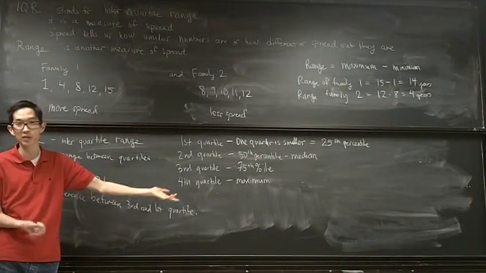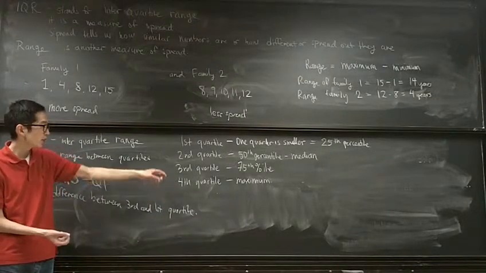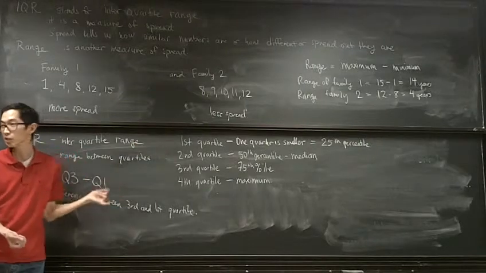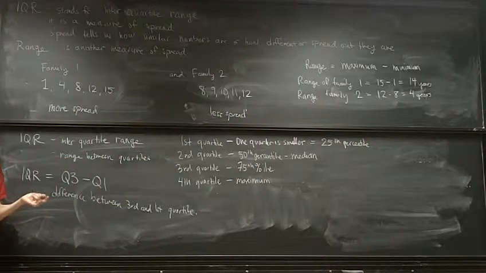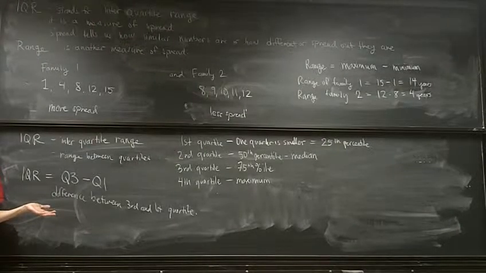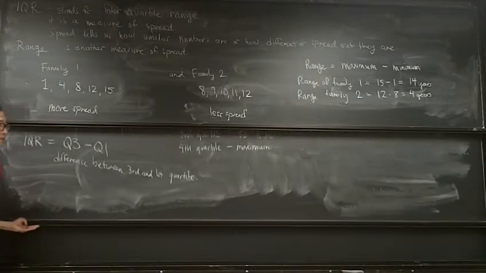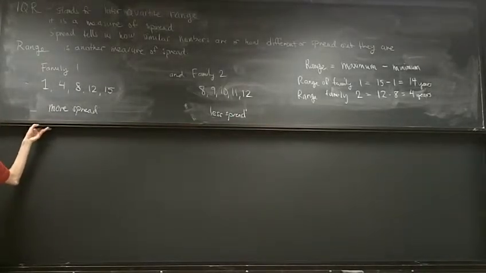Okay, fourth quartile is always also the same thing as the maximum, okay? So really what we're looking at is the third quartile and the first quartile, and the IQR is the difference between the third quartile and the first quartile. Is that okay? Okay, so the IQR is Q3 minus Q1, or the third quartile minus the first quartile.